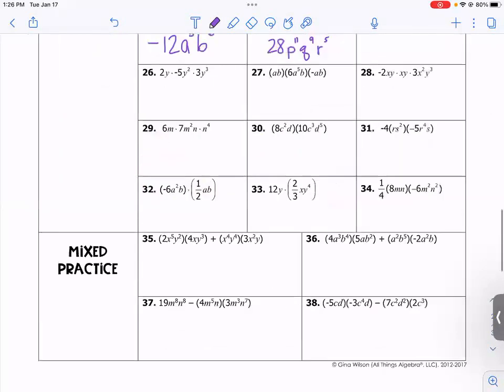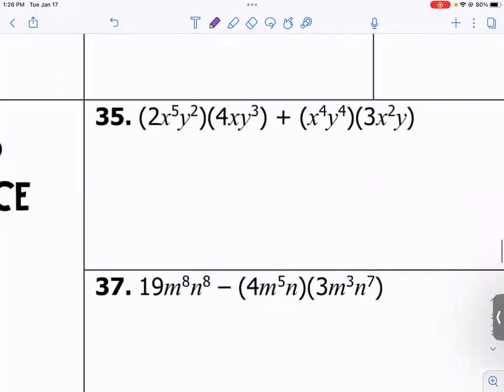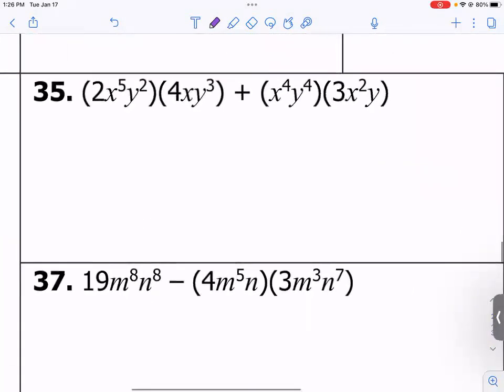Okay, I'm gonna give you a little challenge here. What I would like you to do is drop your pencils. And I'm going to send you to one of the whiteboards to do this problem, okay? Notice how there's multiplication and addition.